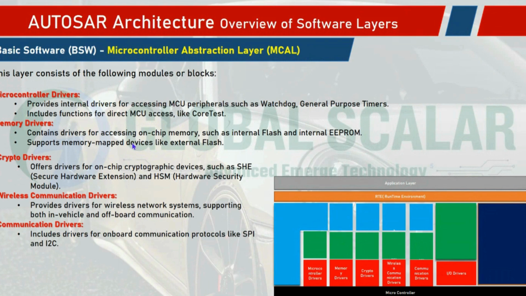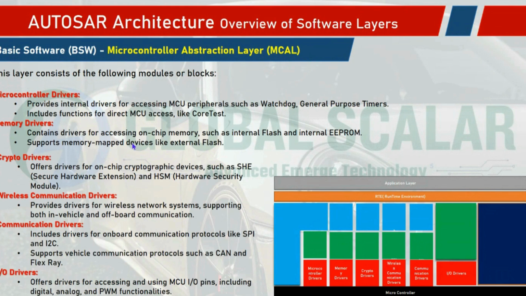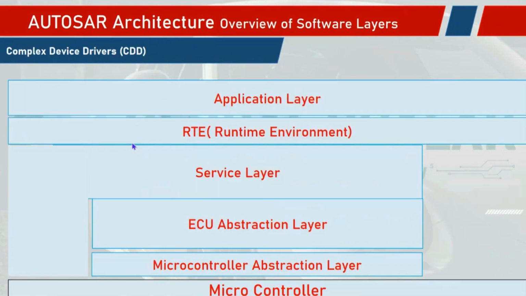Similarly, internally we have SPI and I2C, so to communicate within, we need the drivers. And next is a part of the IO drivers. They offer the drivers for accessing the MCU pins, IO input and output pins, and include digital, analog, or PWM functionalities.